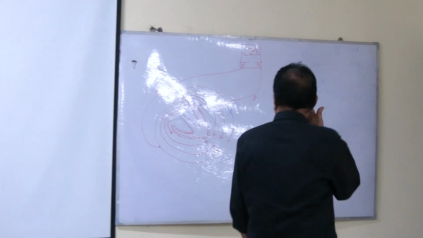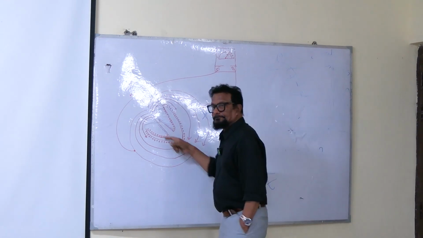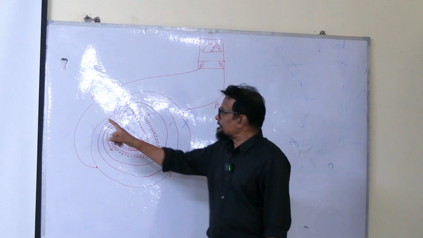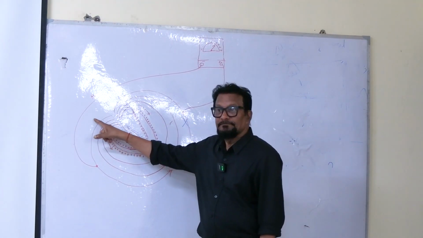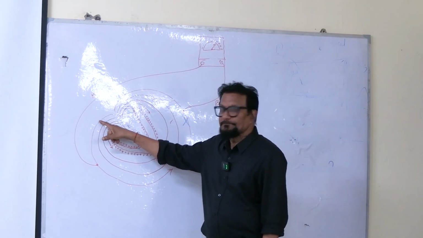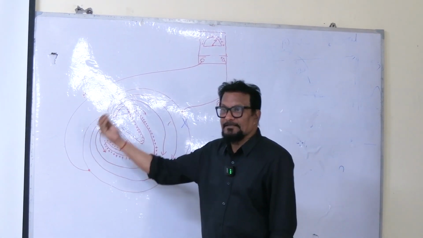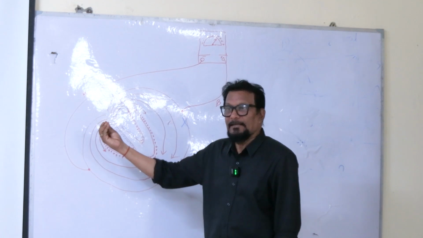So let's see how it comes. Go through this image. What is there? Only the ventricle is there. We know the SA node is here, in the right atrium. When the impulse is generated, this is the electrical activity.